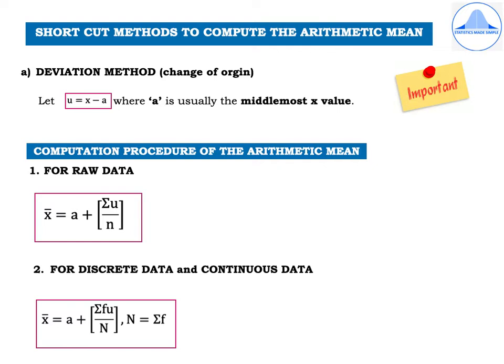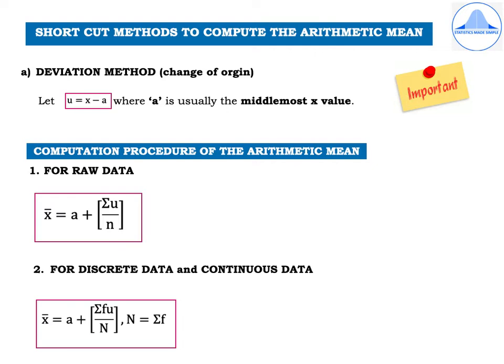Let us now learn how to compute the arithmetic mean using the deviation method for raw data. The formula of the arithmetic mean for the deviation method for raw data is x bar equal to a plus summation u divided by n. And how is u calculated? u is calculated using the formula x minus a.